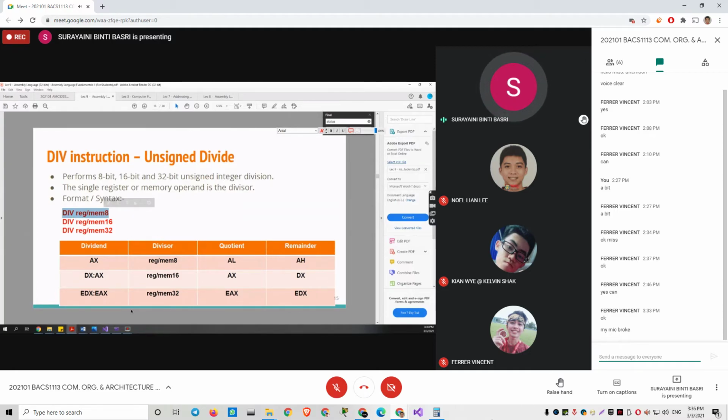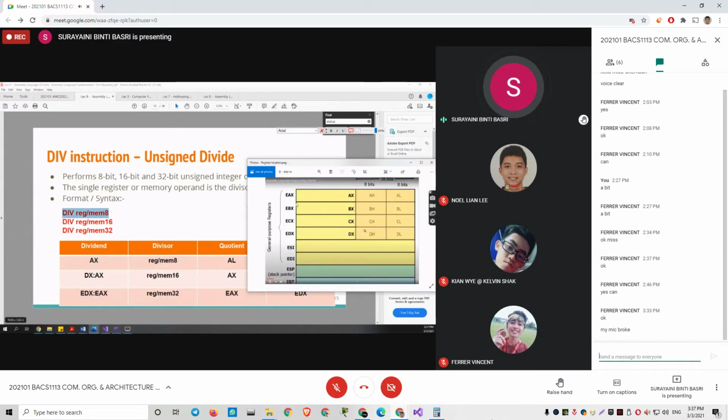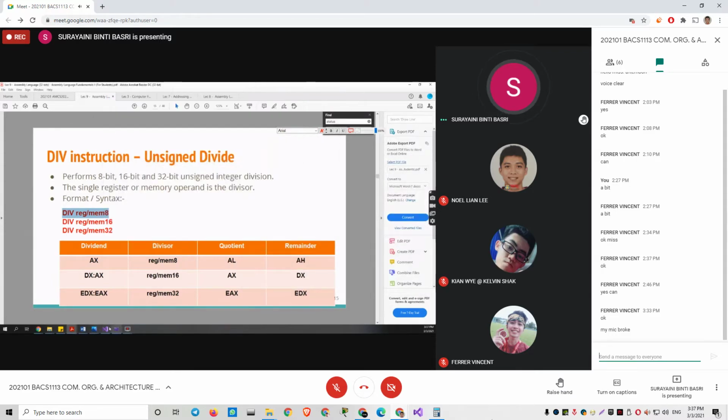Whatever is specified here is the default, meaning it is predetermined inside your computer.